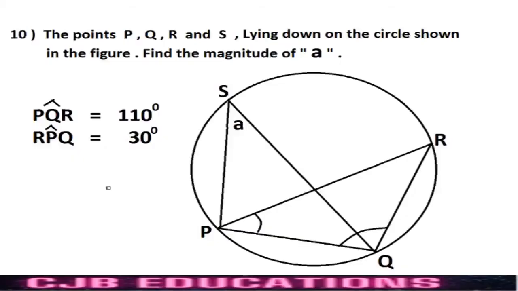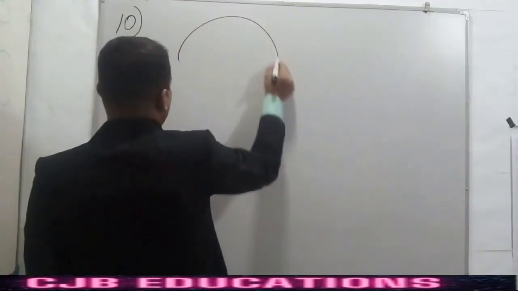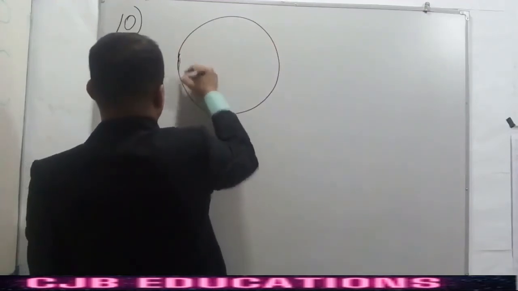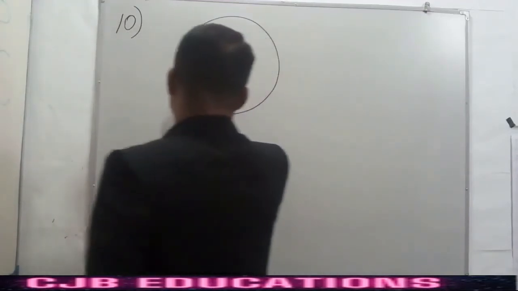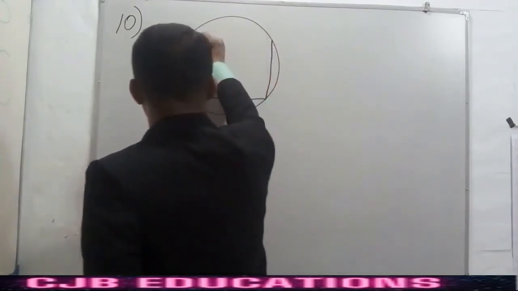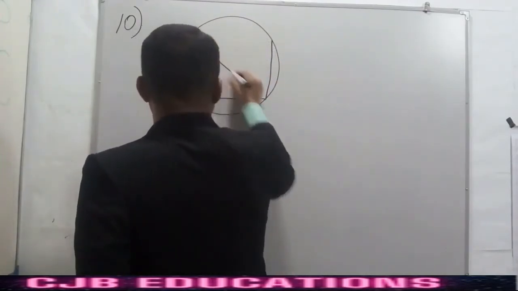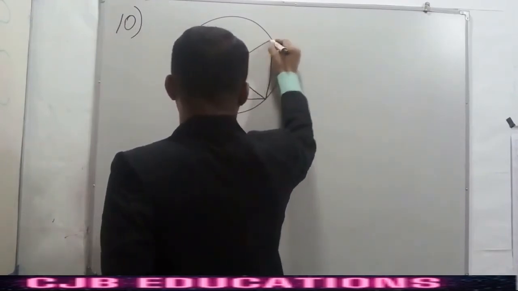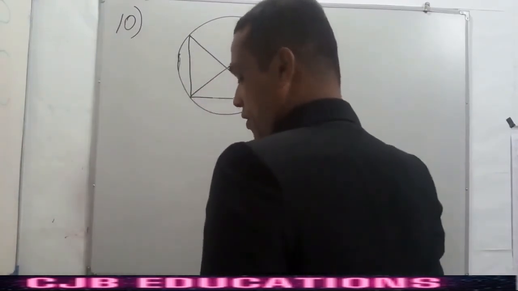The points P, Q, R and S lie on the circle shown in the figure. Then we can draw this figure like this. This is the circle.